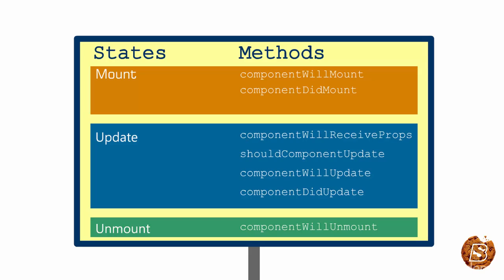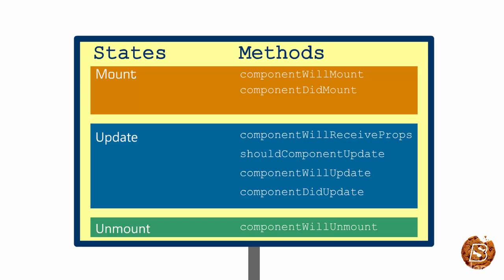We can use this as an opportunity to react to a property transition before a render is called by updating the state using this.setState. The old properties can be accessed via this.props. Calling this.setState within this function will not trigger an additional render.